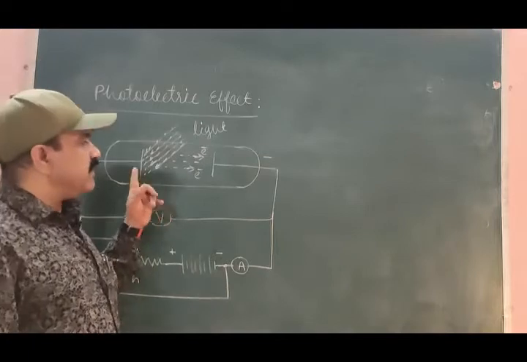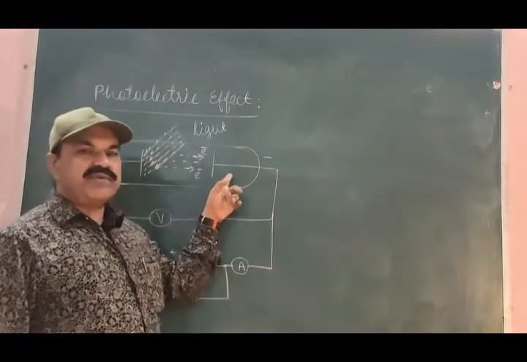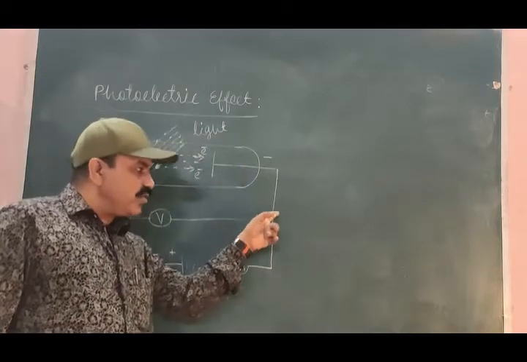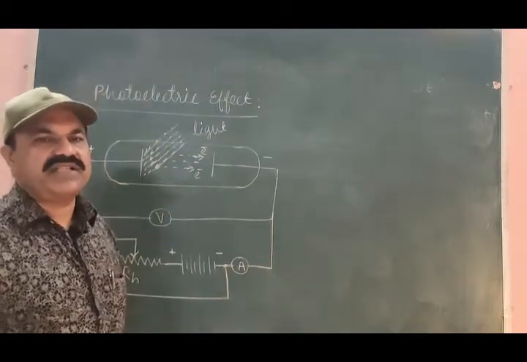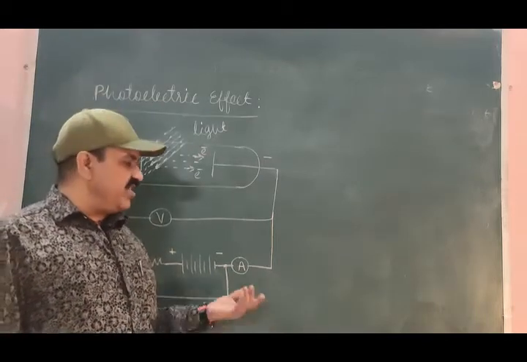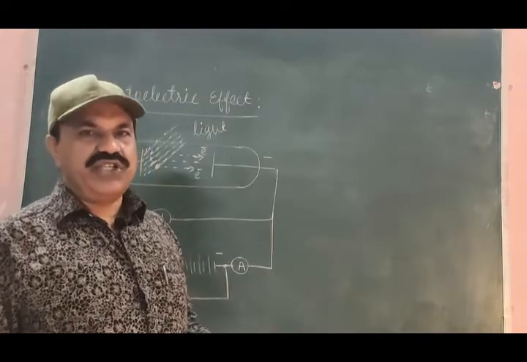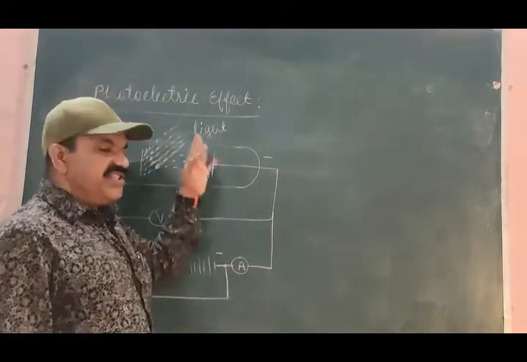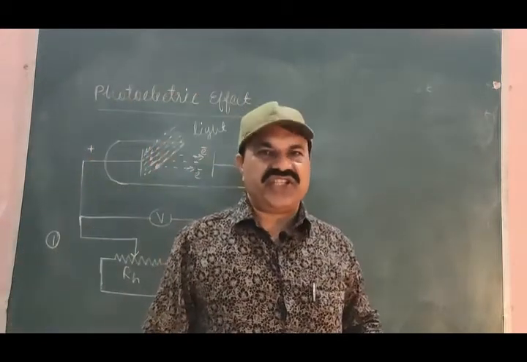Now, no electron can come to this plate. As no electron can come to this plate, there is no flow of electrons through the external circuit, and the current shown by the ammeter will be 0. And this retarding potential is known as stopping potential.